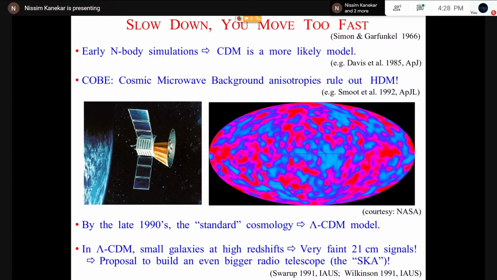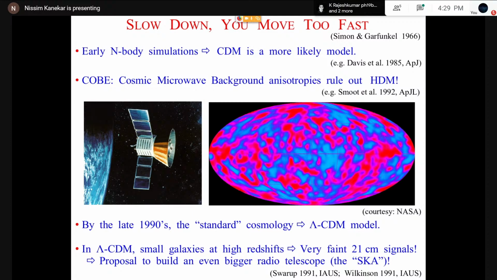The anisotropies are very different in hot dark matter and cold dark matter. And COBE basically measured the amplitude of these anisotropies, and COBE definitively ruled out hot dark matter. You basically would not form galaxies at redshifts of 3 with the amplitudes that you were getting with the COBE signals. And so by the early 1990s, 1992 or so, it was clear that hot dark matter was dead.